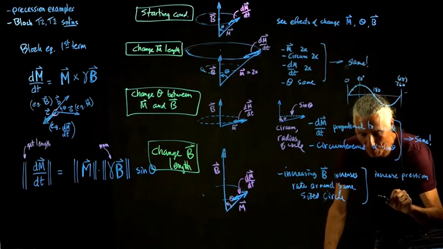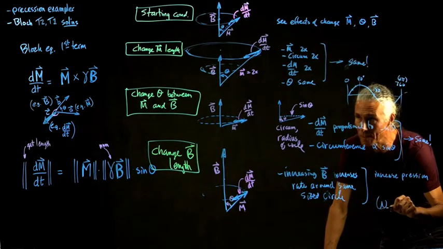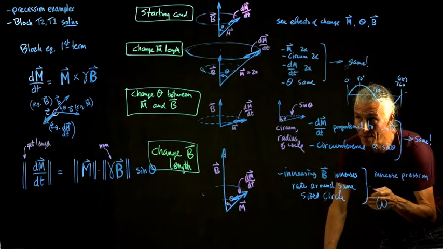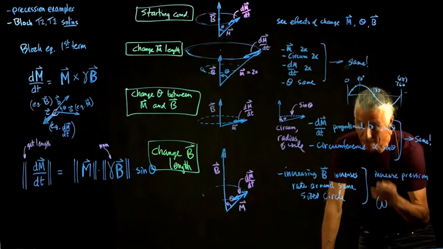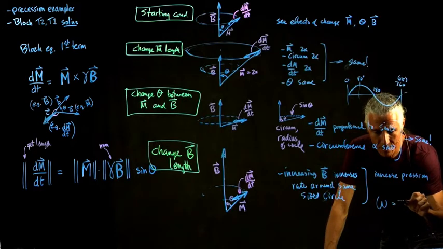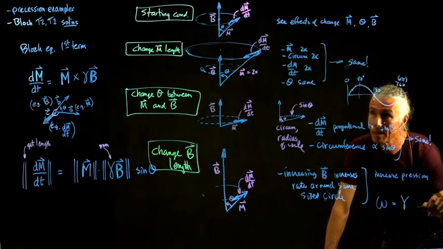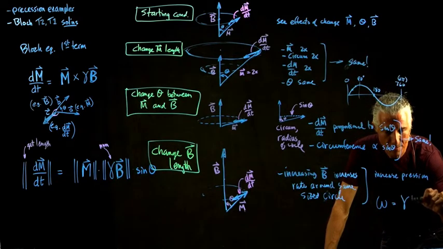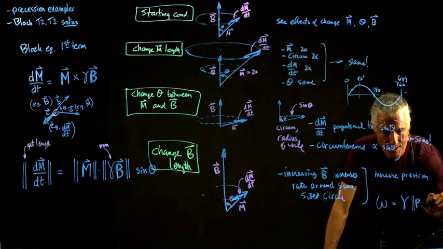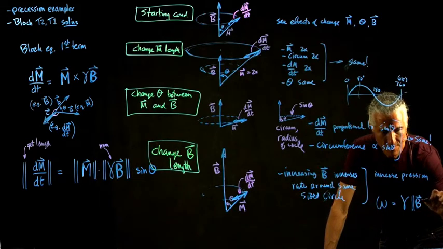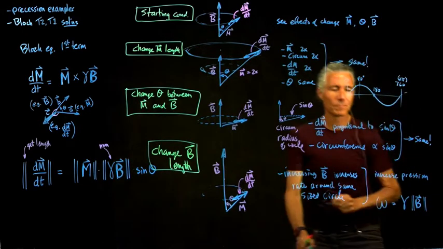We knew that the precession frequency in radians per second, or equivalently 2 pi times the cycles per second, is just equal to this constant times whatever the length of the B vector is.